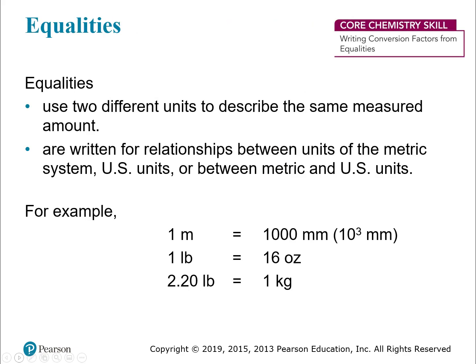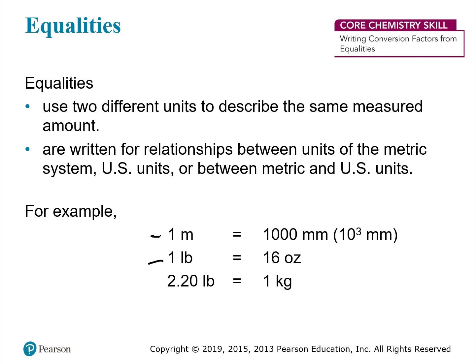So we need to learn how to write equalities. You can use an equality to describe the same measured amount in two different units. So one example of that would be 1 pound of something is the same as saying 16 ounces. Same thing, it's a definition. You can also use equalities to write a relationship between the metric system, the US system, or between the two. So you can write a metric equality: 1 meter is equal to 1,000 millimeters.